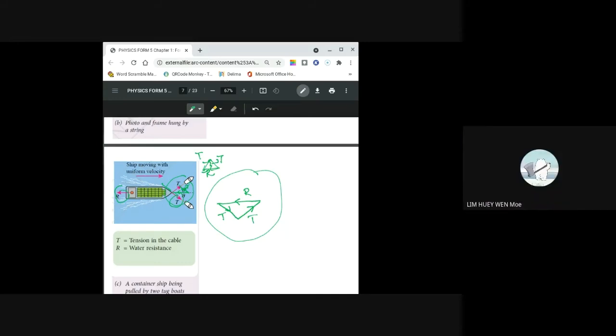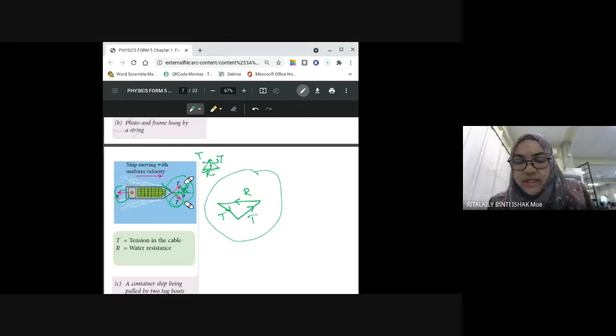Yes. In this condition, the uniform velocity we no need to count it in our triangle. The uniform velocity you don't have to show, because the system is in force equilibrium. But if the system has a resultant force, then your drawing should be like this. Itu beza.